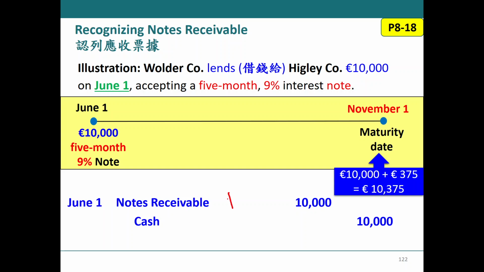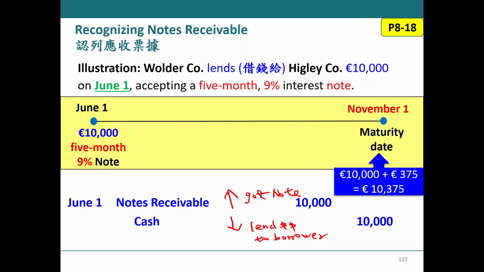Cash decreases because you lend the cash to the borrower. Okay, so debit, note receivable. Credit, cash. Any questions?